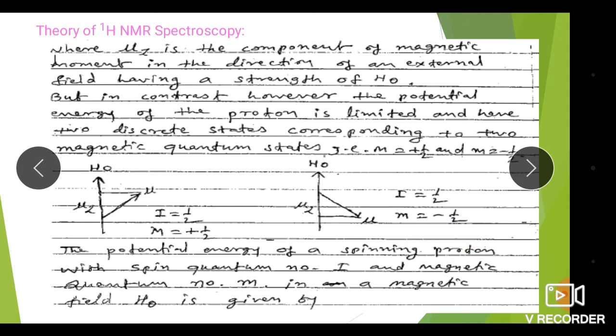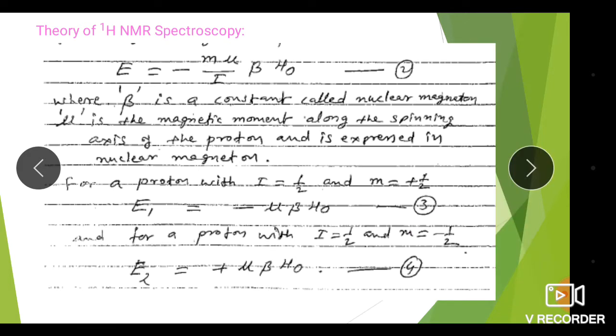So the potential energy of the spinning proton with spin quantum number I and magnetic quantum number m in a magnetic field H0 is given by E is equal to minus m mu upon I beta H0, when we place this proton in an external magnetic field, where beta is the constant called the nuclear magneton, and mu is the magnetic moment along the spinning axis of the proton, expressed in the nuclear magneton.